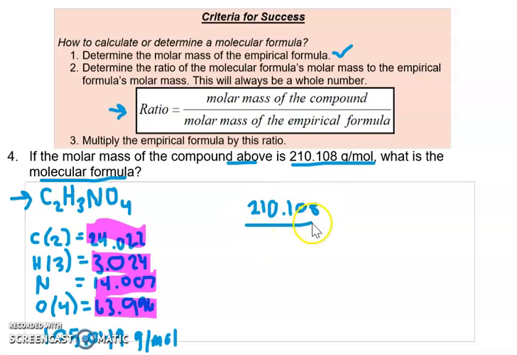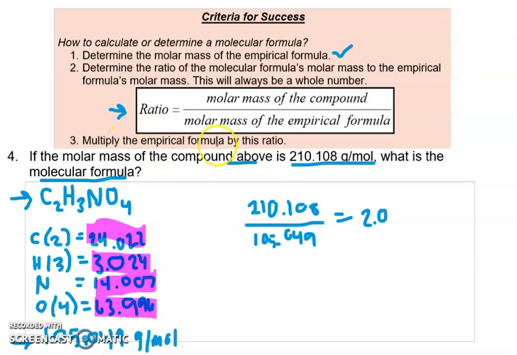And I have to divide that by the molar mass of my empirical compound, which I found right here. 210.108 divided by 105.049, that is approximately 2.0, that is 2.